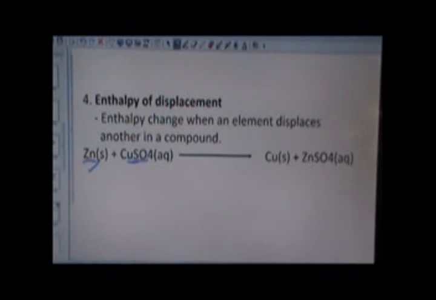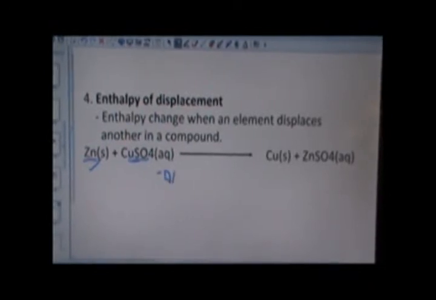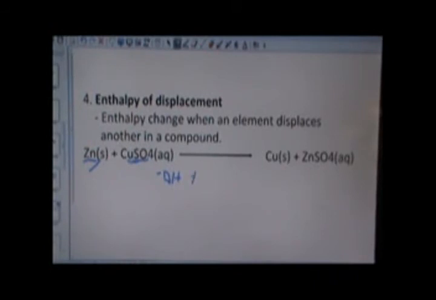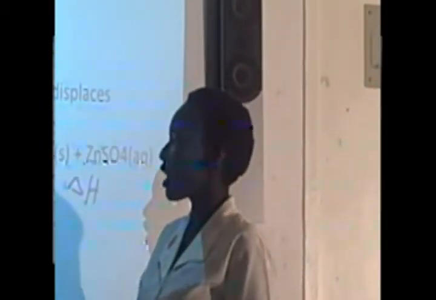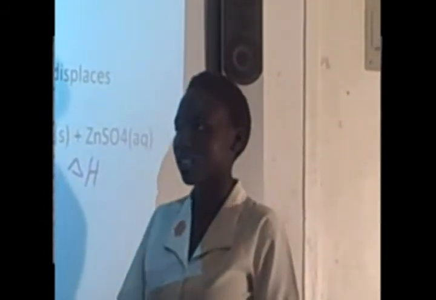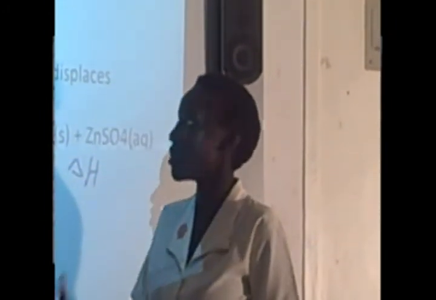If we have bonds being broken as positive delta H and bonds being formed as negative delta H, what will be the resultant delta H? It all depends on the amount of negative and the amount of positive delta H. So that's what happens when a substance is being displaced from its compound, and heat is always produced in such a reaction.